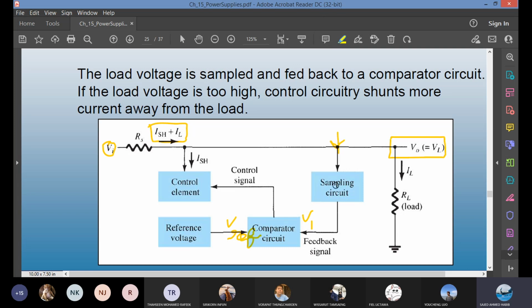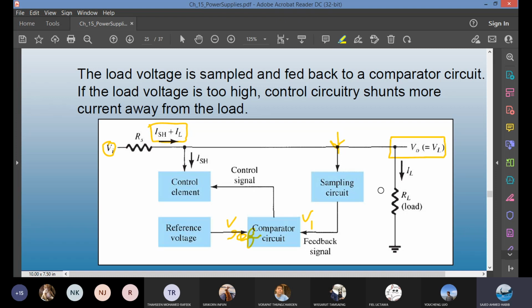So after sampling the output voltage from the load, the comparator compares it with the reference voltage and sends a control signal. If the output voltage is too high, what does that mean? The load is fixed. If the output voltage is too high, it means the load current is not normal. The load current is increasing.